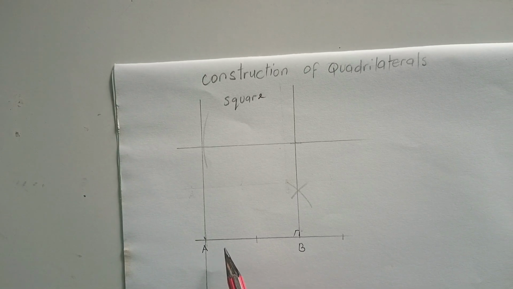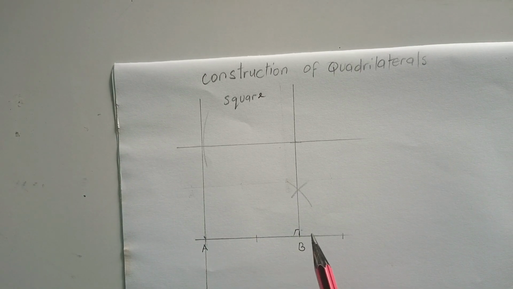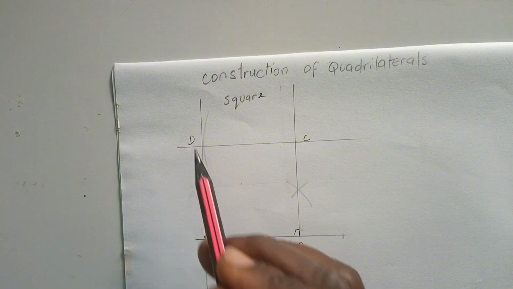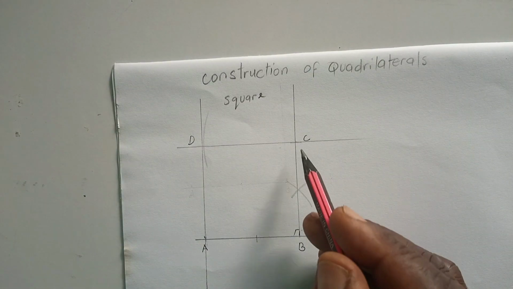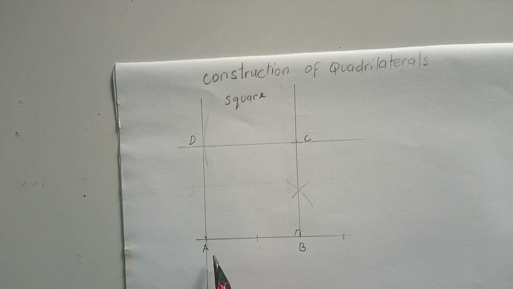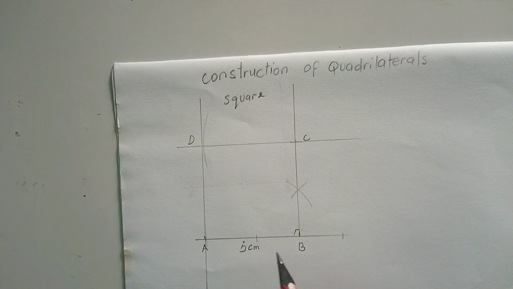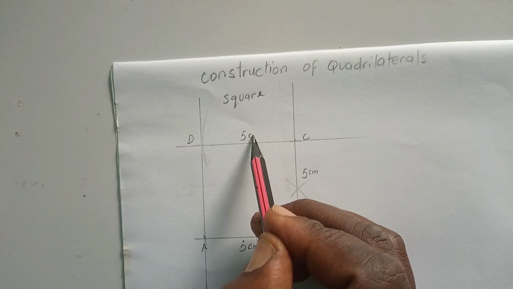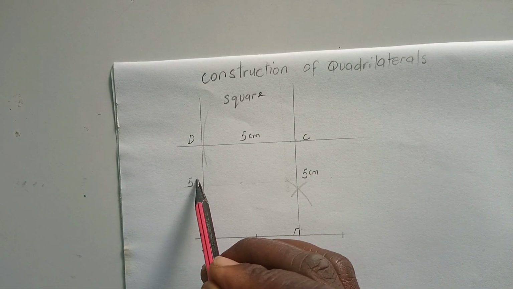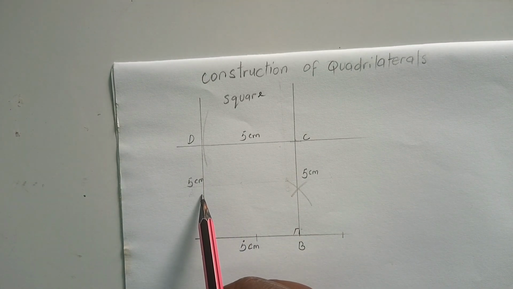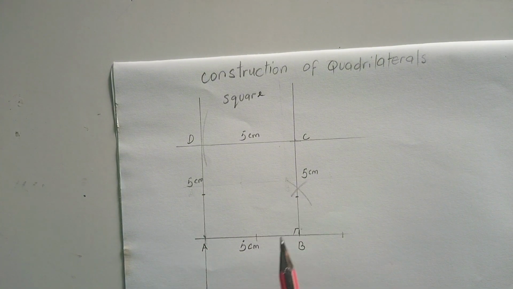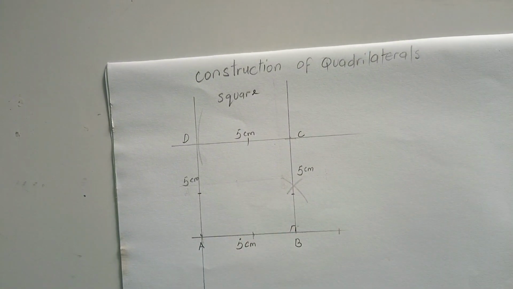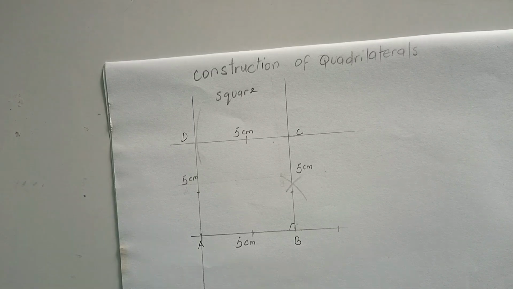So this is our square A, B, C, D, where this line and this line are parallel and perpendicular likewise. So this is 5 centimeters, 5 centimeters, 5 centimeters, and lastly 5 centimeters. And then we put these marks to show that it is a square where all sides are equal.